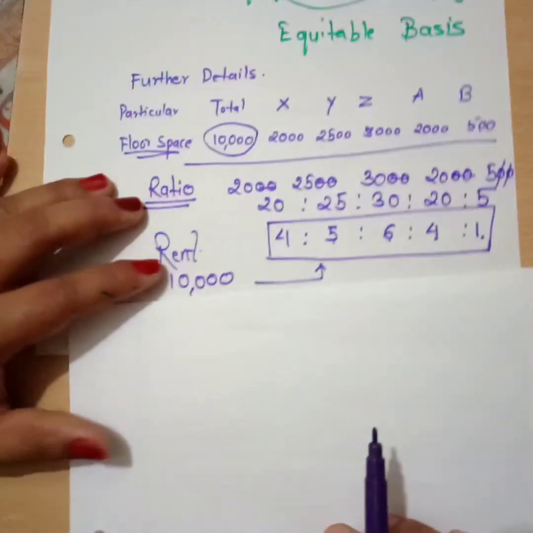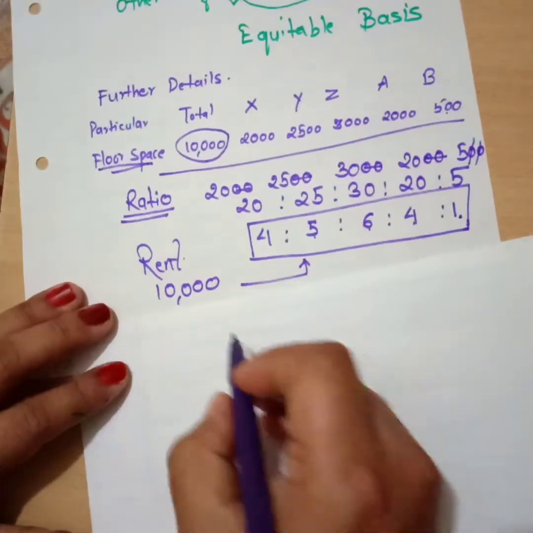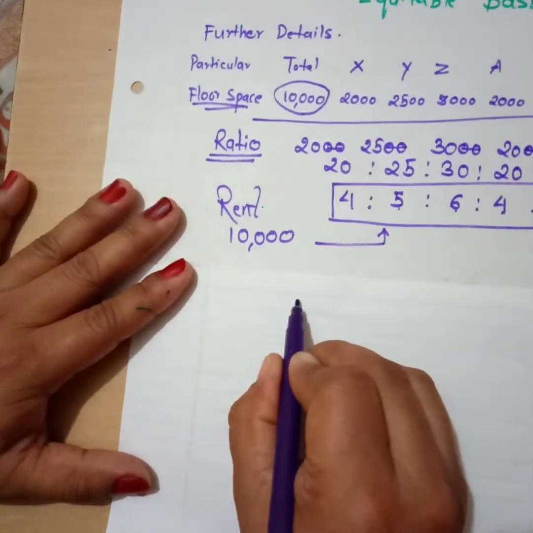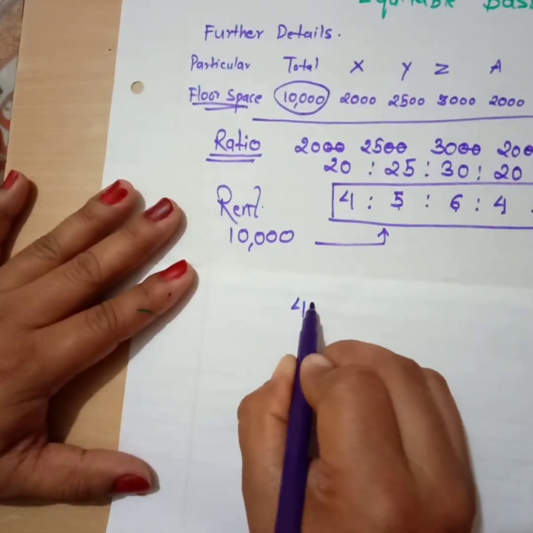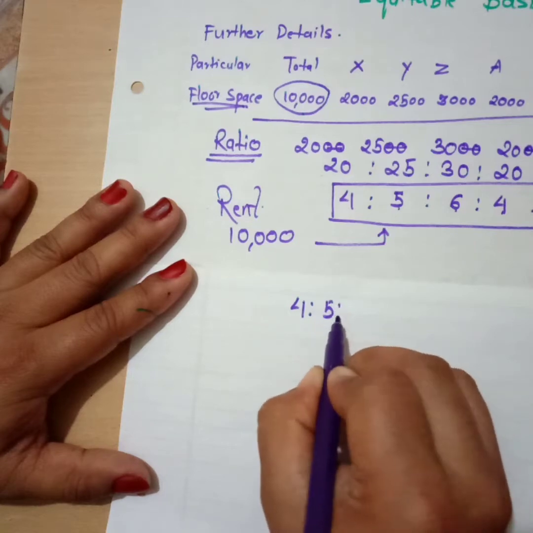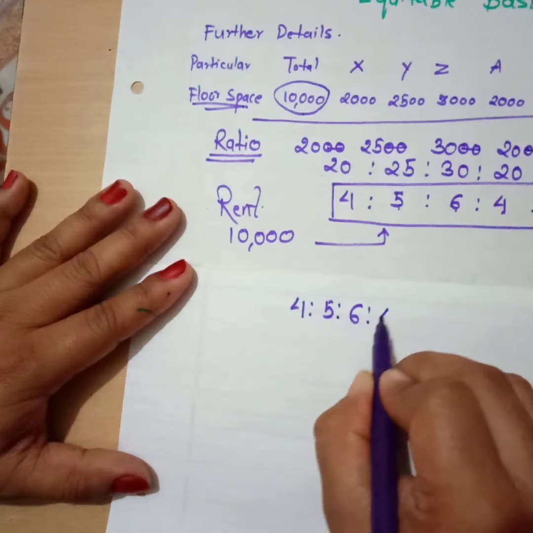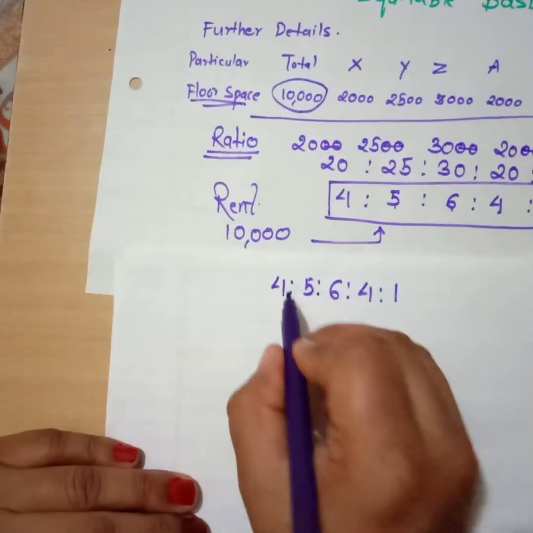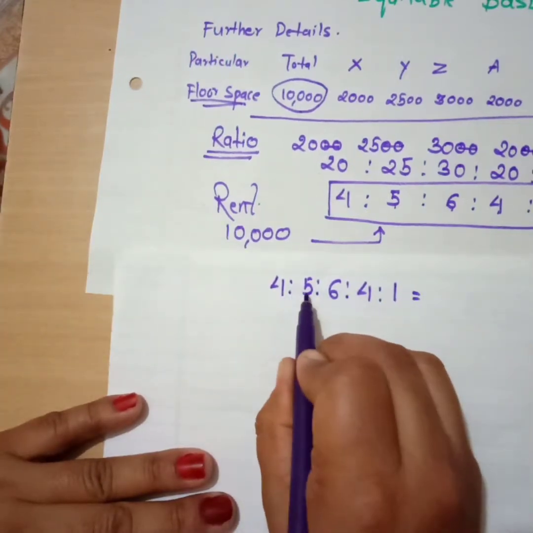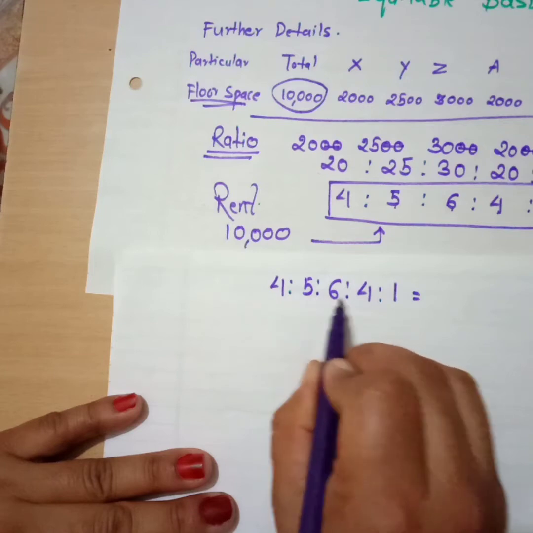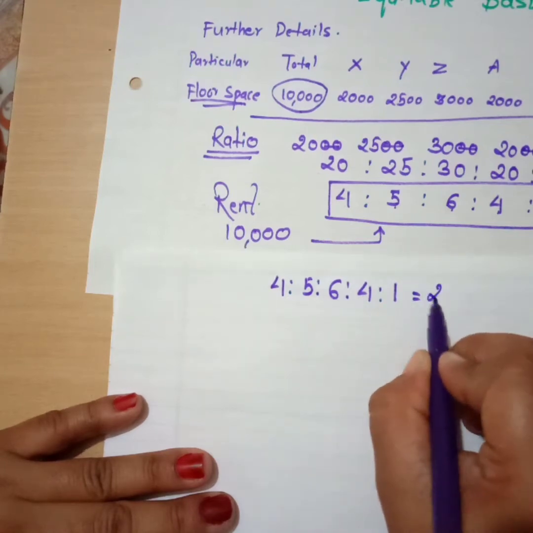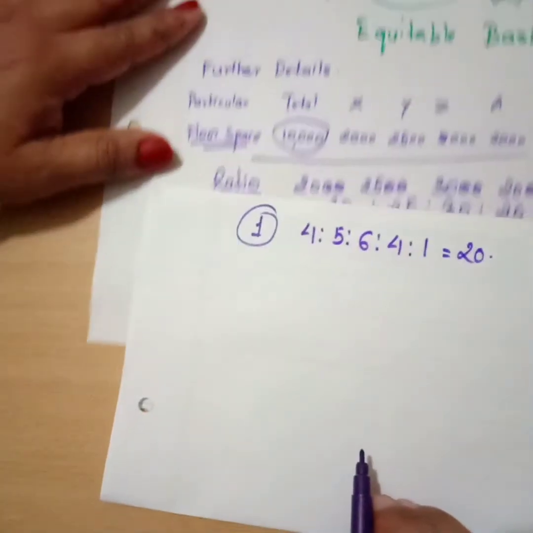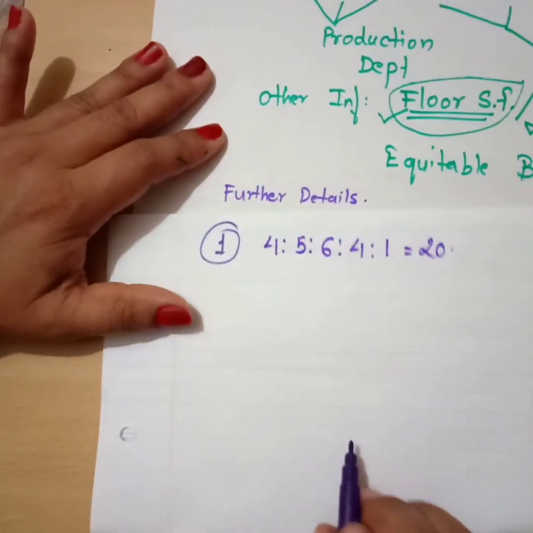If we go further, the first step is to add this ratio 4:5:6:4:1. So the addition will be 4 plus 5 is 9, 9 plus 6 is 15, plus 4 is 19, plus 1 is 20. Addition will be 20. This is your step number one: you have to make the addition of the ratio.